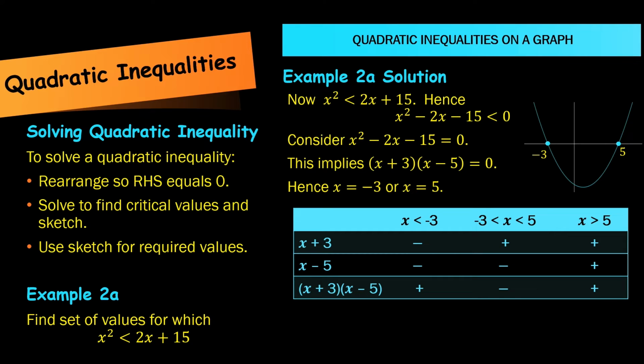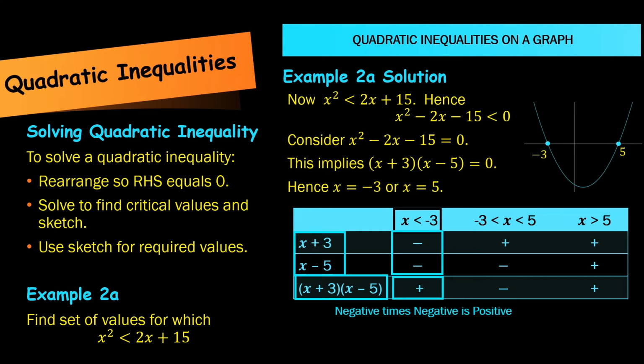So let's take a look at what's happening. If x is less than minus 3, then x plus 3 is negative, and x minus 5 is also negative. We have that a negative times a negative is a positive.